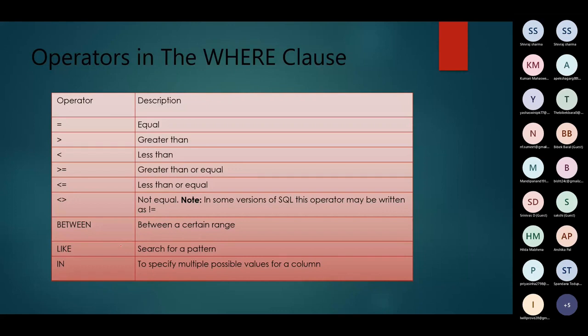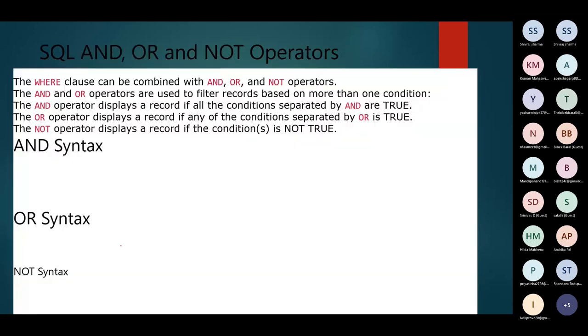And there are three more commands, that is between, like, and in. Okay. Now, the next operators are and, or, not. Hope you all have heard about these operators in your conditional statements, when you want to say this and this, or this, not this, right?